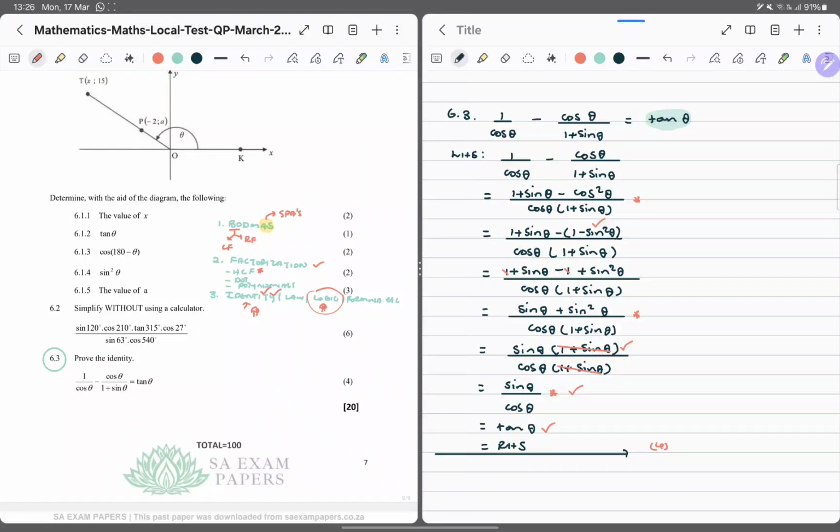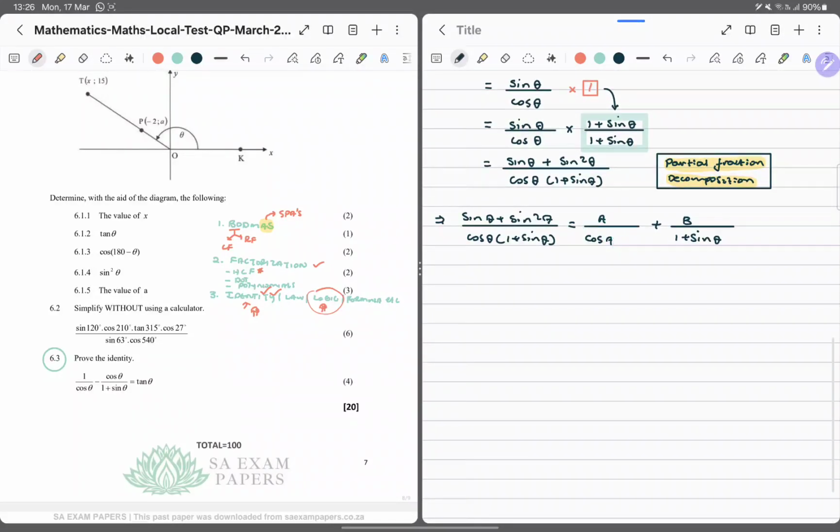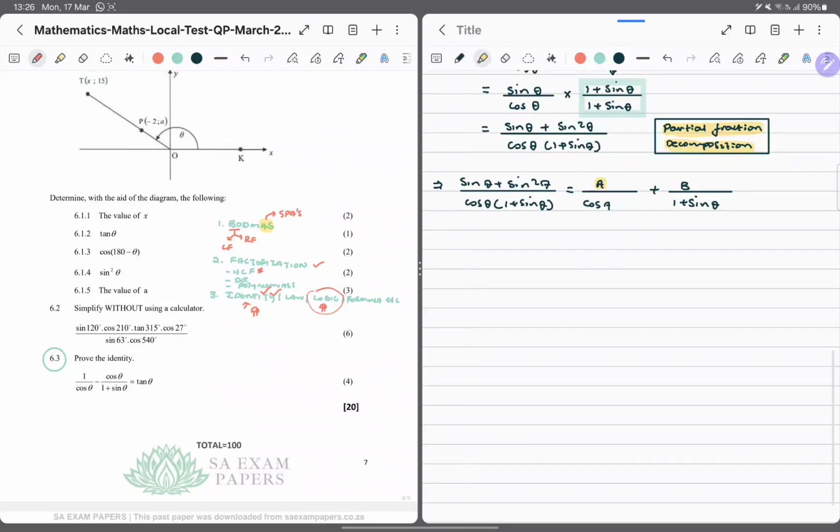Can you see these were separate? We simply multiplied those denominators. Now we want to reverse the situation, but there's no knowing what this coefficient must be. Hence, we use this technique.